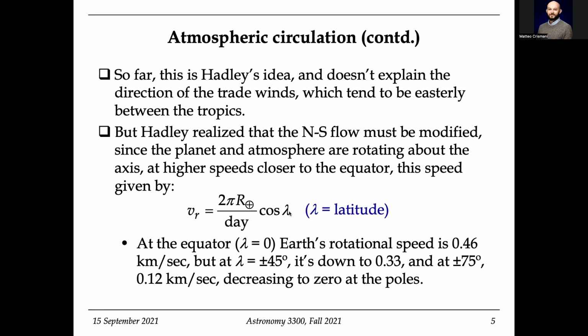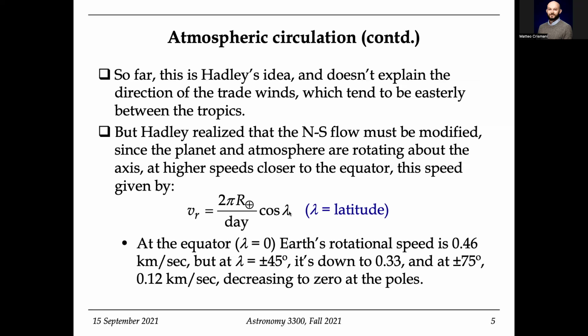Here's how the velocity looks. Okay, so you can derive this if you want by looking at the terms in the Coriolis force. In particular, you want to look at the rotational speed as a function of your latitude. So this just means 2 pi r, the radius, the circumference in a day.